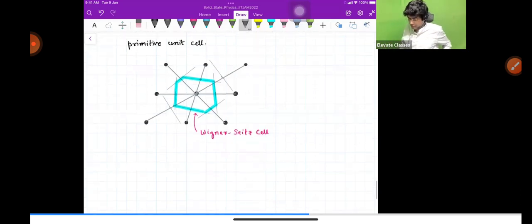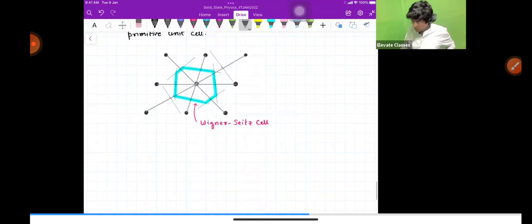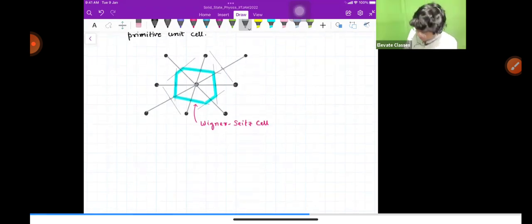Now let's write down whatever I said. The steps to construct a primitive unit cell.